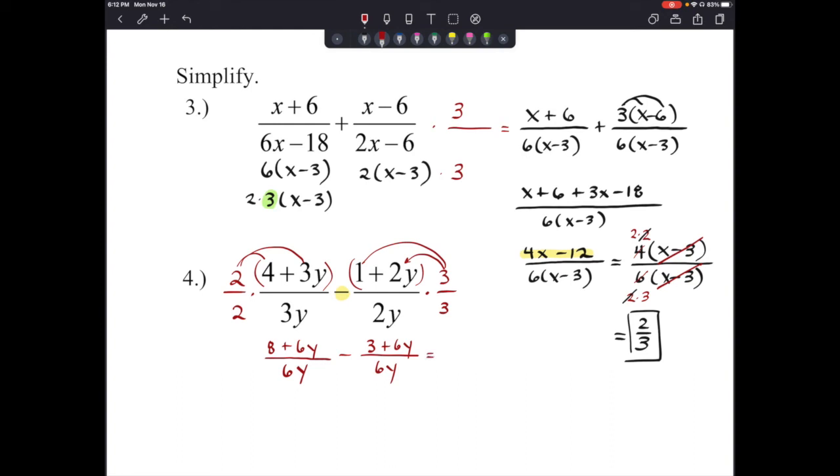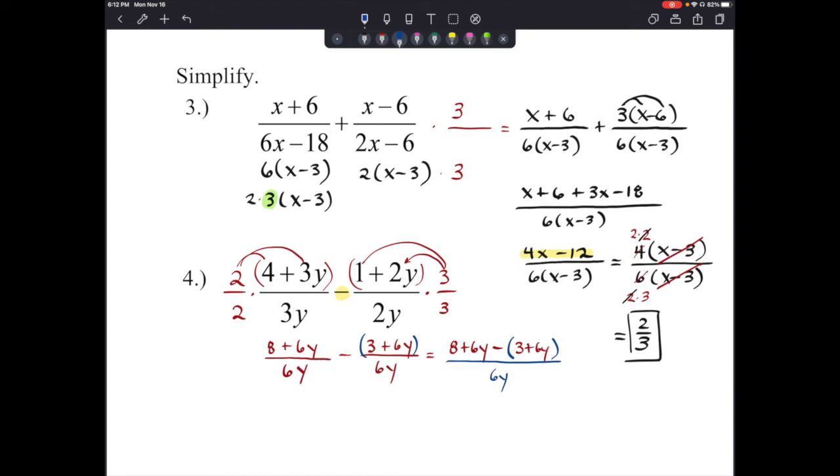And this is where you really need to be careful. I have 8 plus 6y minus, and because I have a quantity up here, I'm subtracting that whole thing. So I'm going to say minus the quantity of 3 plus 6y. And right now that's all over just a single 6y.